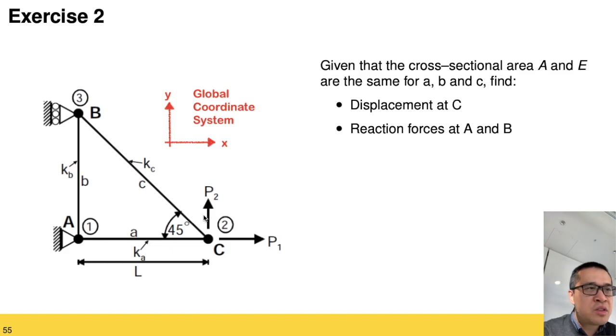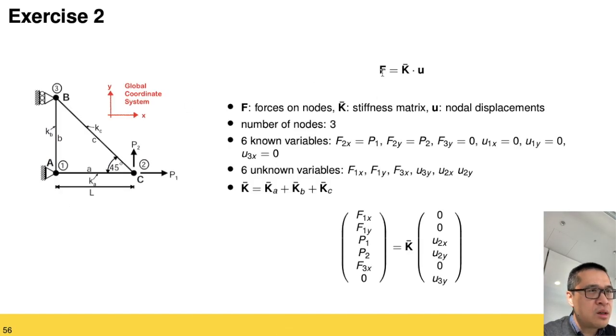Now, what we need to solve here is the displacement at C, where the forces are applied, and the reaction forces at points A and B. We need to use the equation that relates force and displacement via the stiffness matrix K. The system has three nodes because it's a triangle.